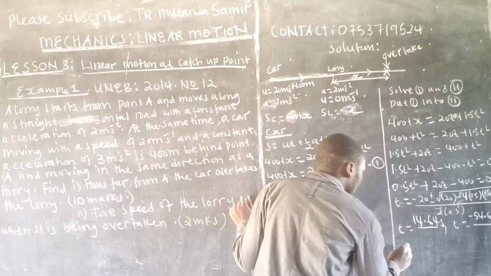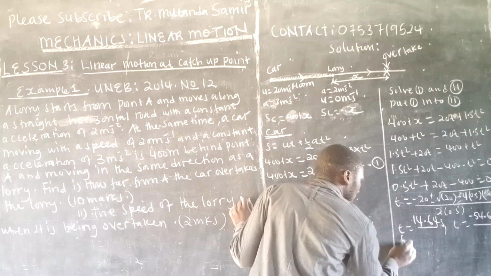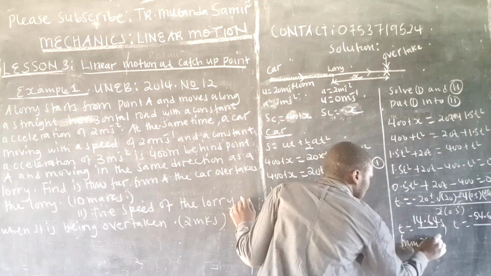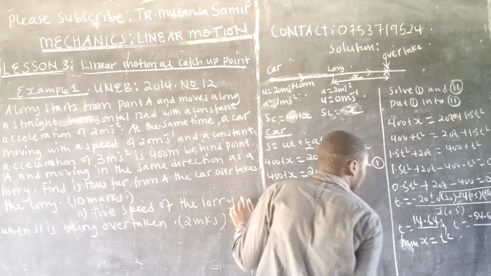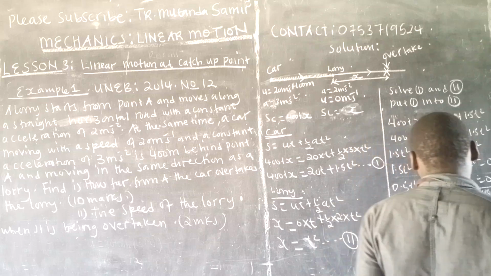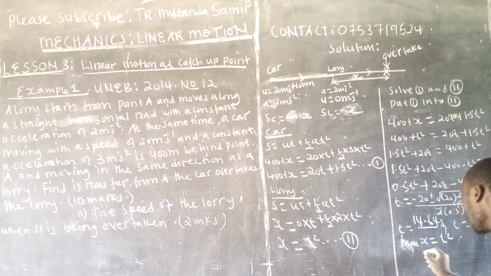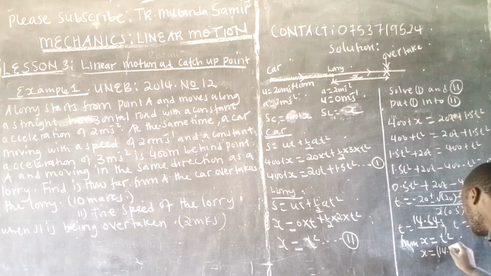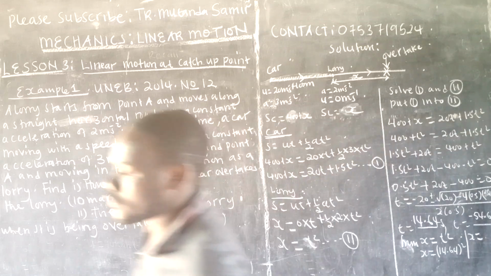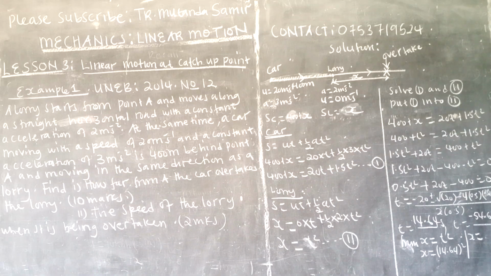So x is now equal to 14.64 squared. That's the distance they want, and that was enough to give you your 10 marks.